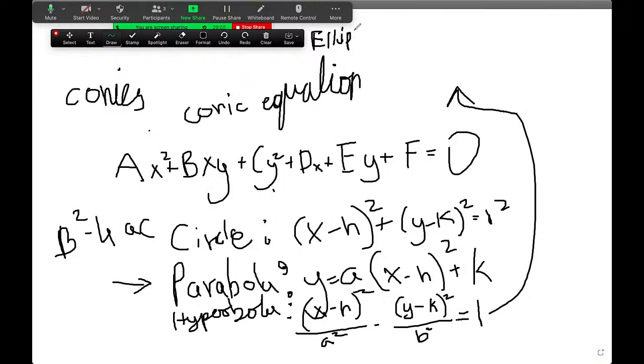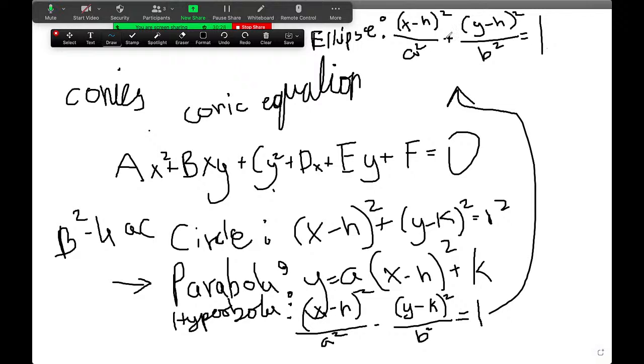And so this is x minus h squared divided by a squared plus y minus k squared divided by b squared is equal to 1.